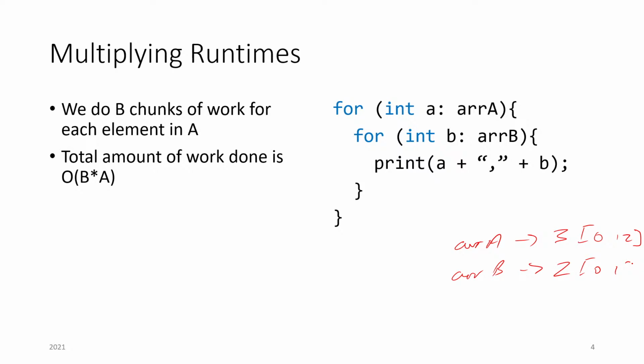Let's say 0, 1. When array A here is at 0, array B here will be at 0, but then A is still at 0 here, and B goes to 1. Because that's how the iterations will run.